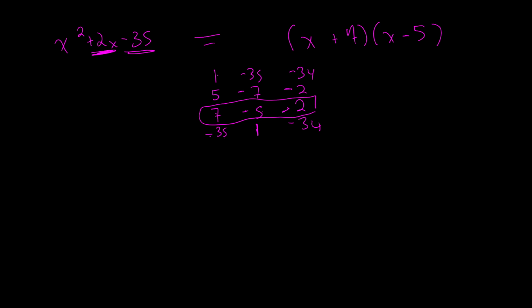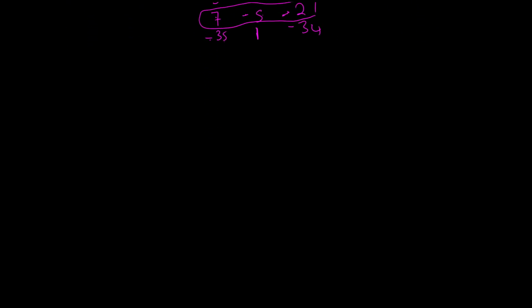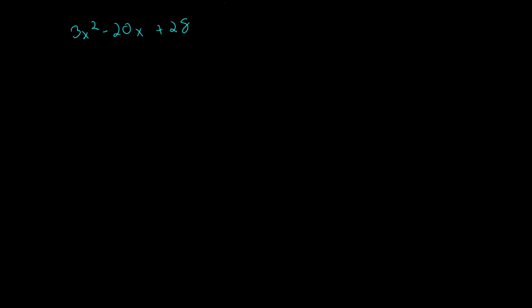And so what we're going to do is look at what's called the AC method, mainly because that first term was made out of A and C. So let's start with 3x squared minus 20x plus 28. All right, and that's going to be the one we're going to look at here.